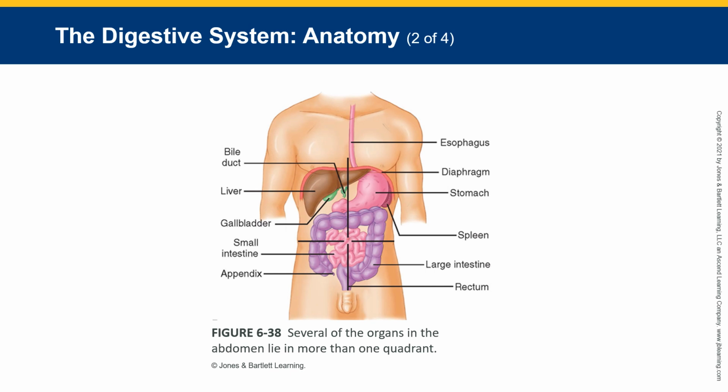My stomach and diaphragm are on the left side. My spleen is on the left side. So if there's black and blue bruising on the left side, on the upper side, maybe you can think the spleen may have gotten injured.